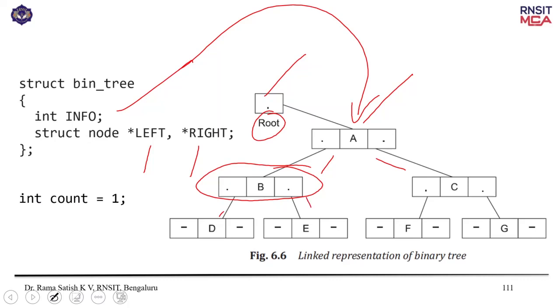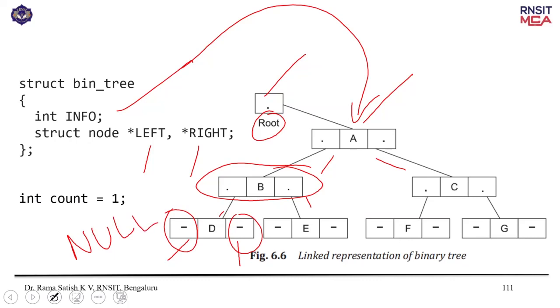The left tree again has a node which has a left tree link, right tree link, and information. Of course, if it is a leaf, the left tree link and right tree link are pointing to null.